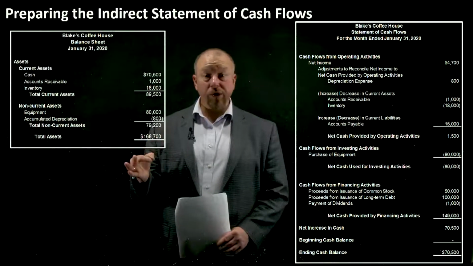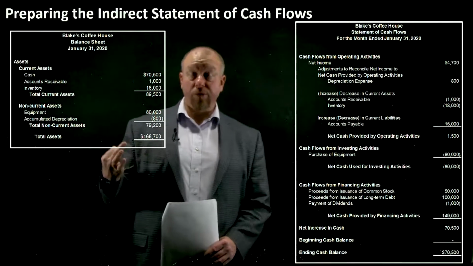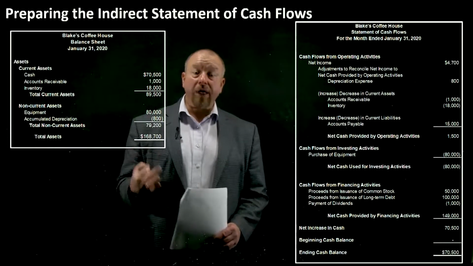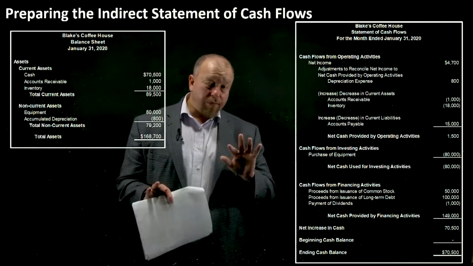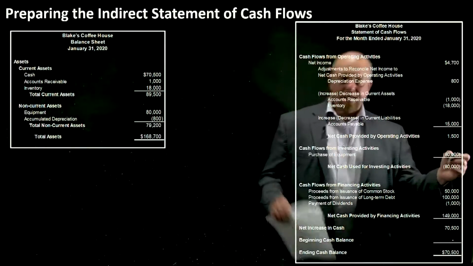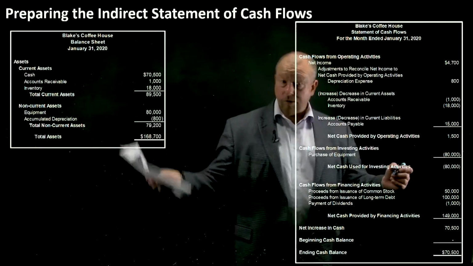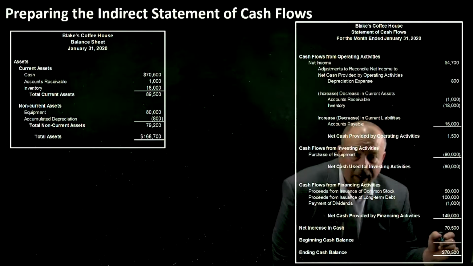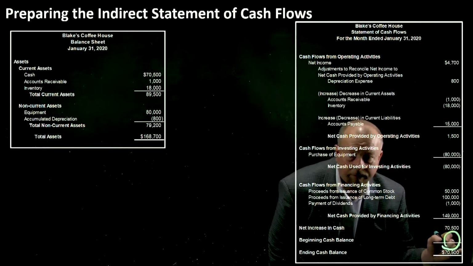It's been a long journey, and the statement of cash flows truly can be quite an undertaking. But before we move on, I just want to point out one thing here. If we had seen the beginning balance sheet with all those zeros, we would have seen a beginning cash balance of 0.